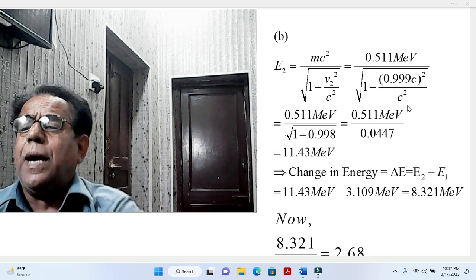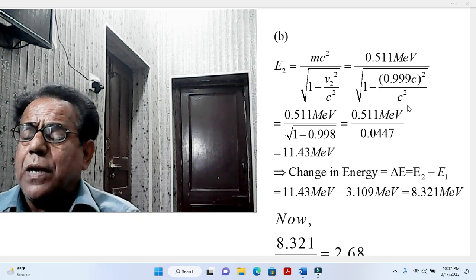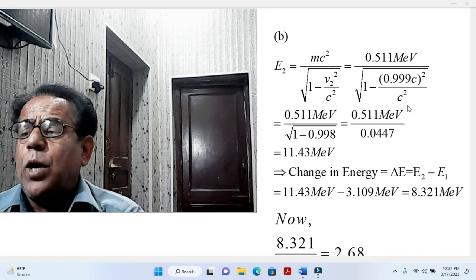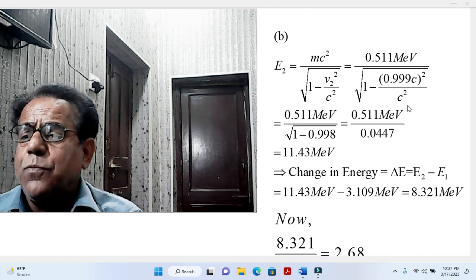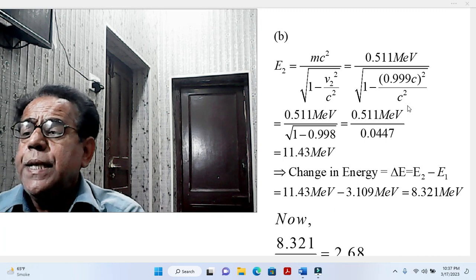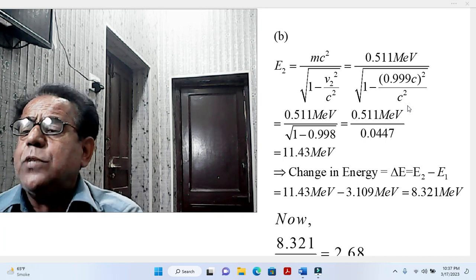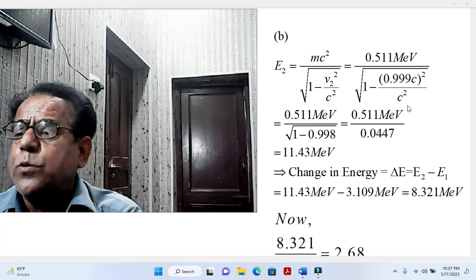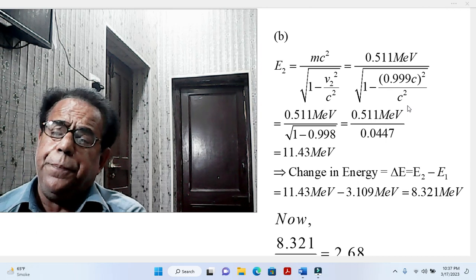In part A we calculated E1, which was equal to 3.109 million electron volt, and the difference of these two values, E2 minus E1, becomes equal to 8.321 million electron volt.